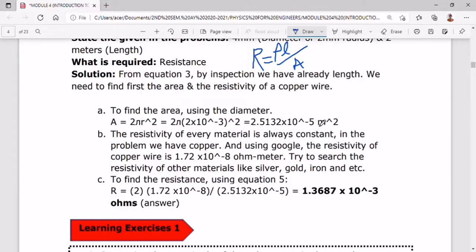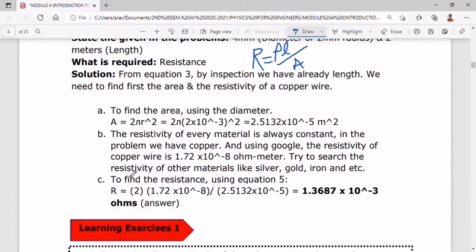Next step is to recall the resistivity of the metals that are widely used as conductors, like copper wire. Based on Google, the resistivity of copper is 1.72 times 10 raised to negative 8 ohm meter.